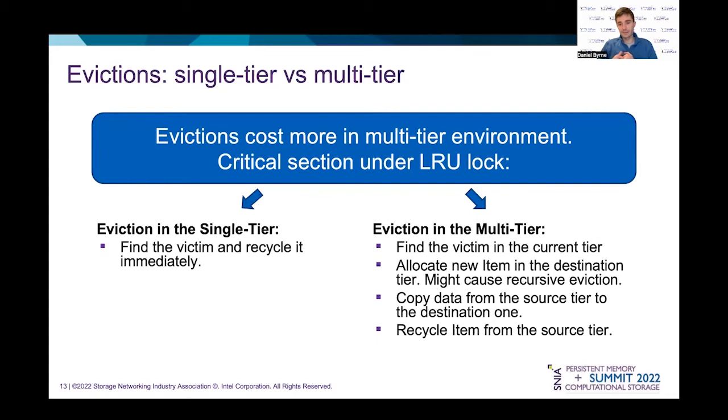Versus the multi-tier, we find the item, then we have to allocate the new item in the next tier. This might cause a recursive eviction where we also have to make space for that item again. So we get this recursive eviction process. Then we have to copy the data from our source tier to the destination tier. And finally, we can return up that free allocation slot.